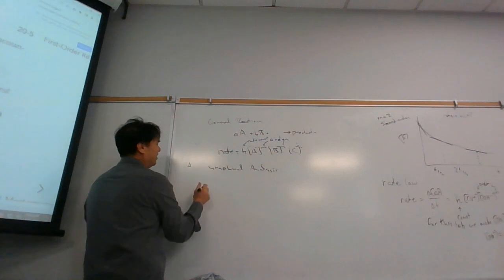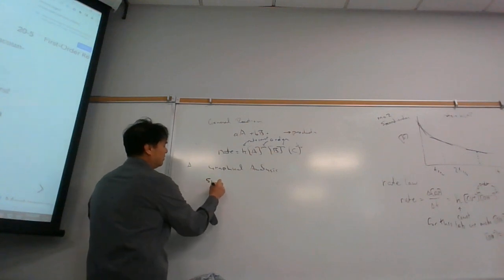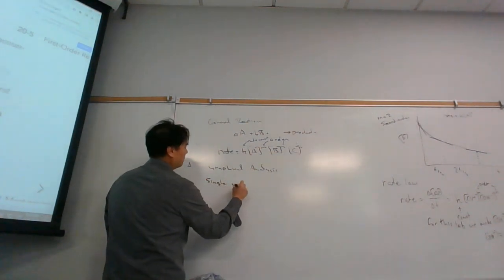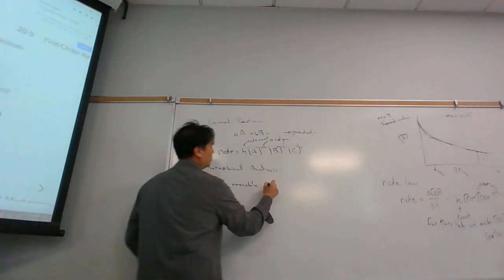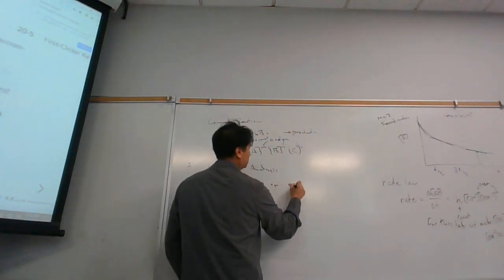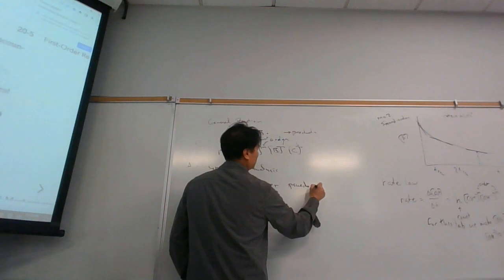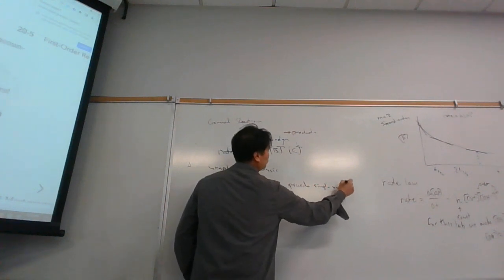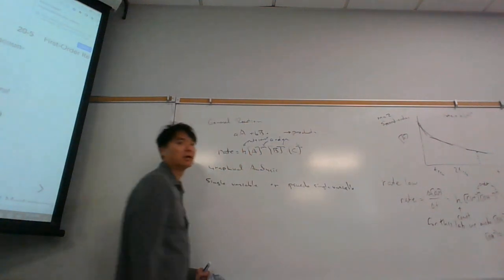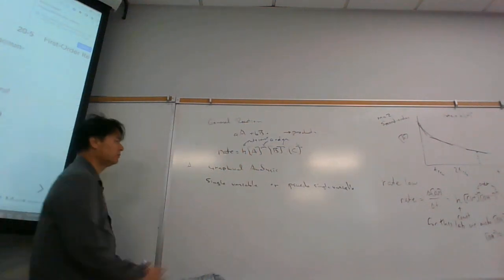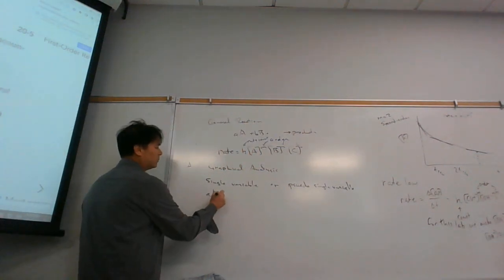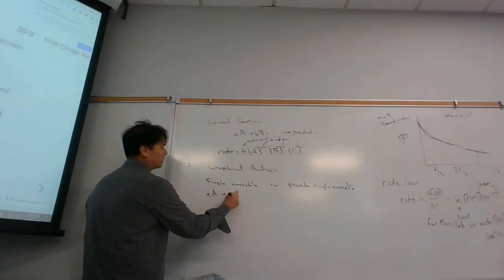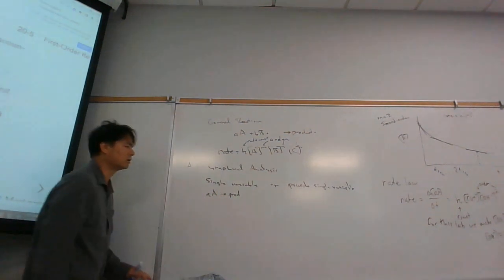For graphical analysis, we need either single variable or pseudo single variable. That is, we only need one concentration change at a time. So single variable is if you just have a simple reaction like A goes to product, so A decomposes into product.